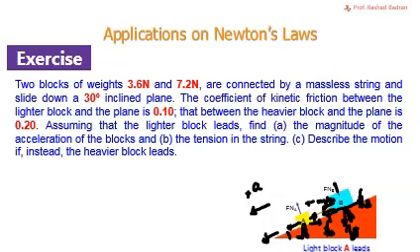And then when you consider the assumption of the heavier block, you have to see what's going to happen. And here is the answer: the acceleration is 3.5 meters per second squared for part A of the problem, and for part B of the problem the tension is 0.2 Newton.